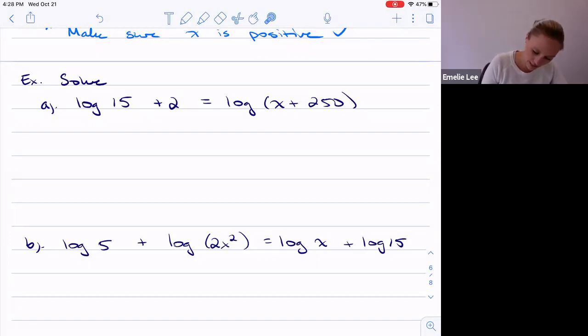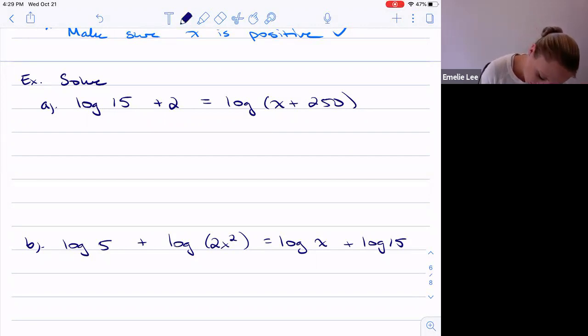So I'm going to move this log 15 over here because I've got log base 10 and log base 10. If I subtract the log 15 over to the right-hand side, I can leave this 2 alone. 2 isn't a log, so it could give us some trouble, but I'm just going to keep it on the one side and move my logs to the other side.